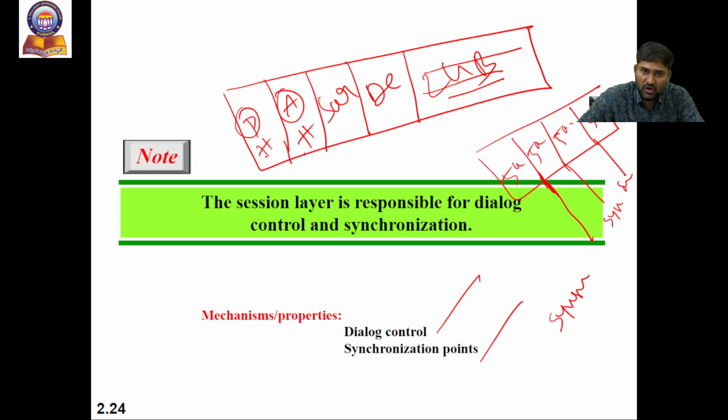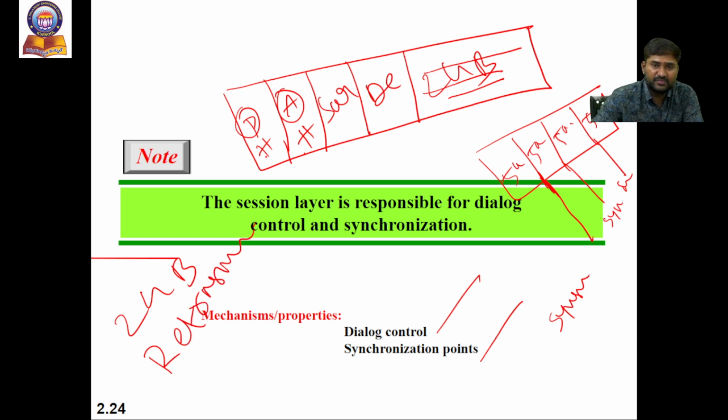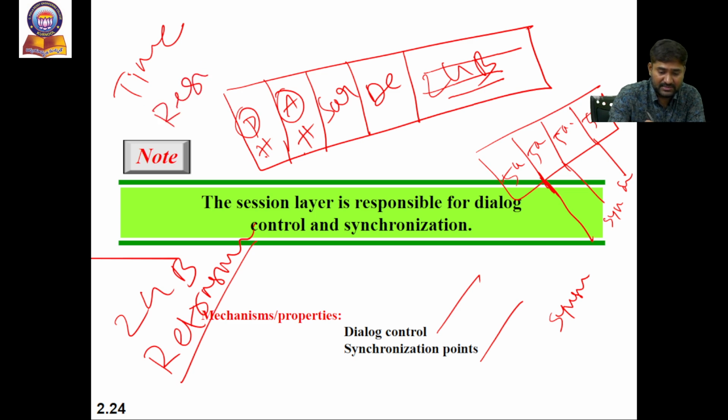The data was lost, and I need to send the 2 GB of data again to the receiver, again and again. This is nothing but retransmission. I need to retransmit the 2 GB of data to the receiver. When I do the retransmission, I am wasting time, and I am also wasting resources.